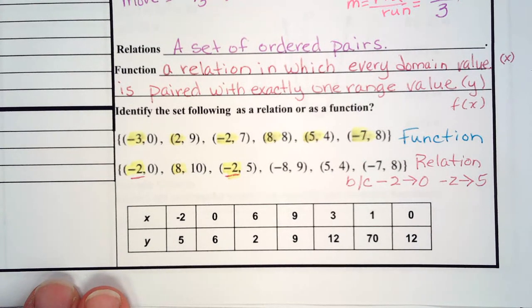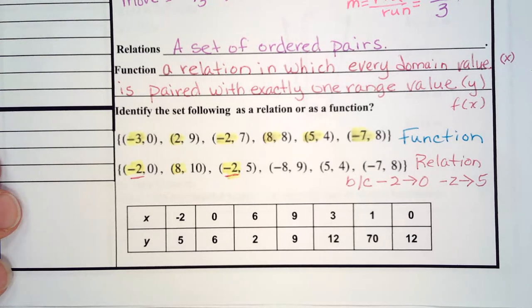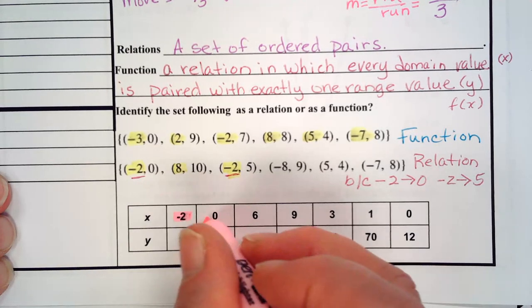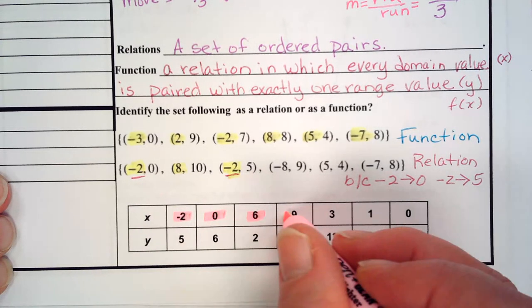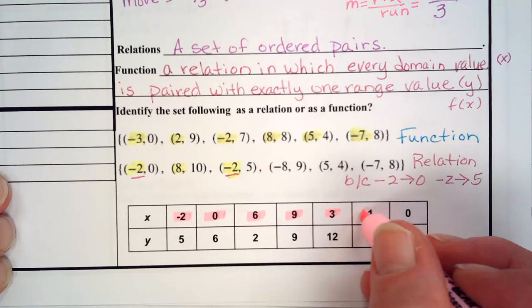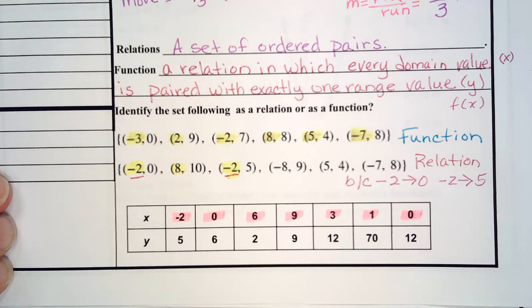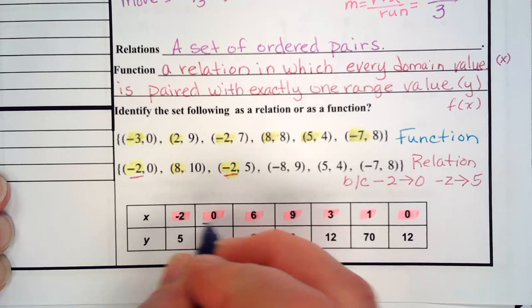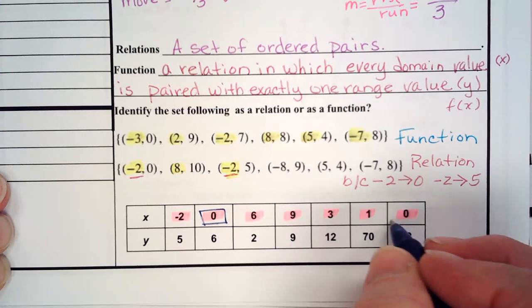Okay, for a table, the same idea. You're going to look at your x values only. So I've got -2, 0, 6, 9, 3, 1, 0. Did I repeat? Yes, I did. I repeated the 0.